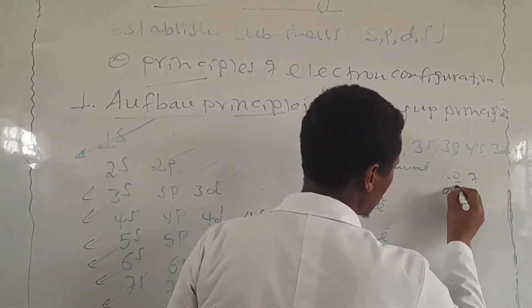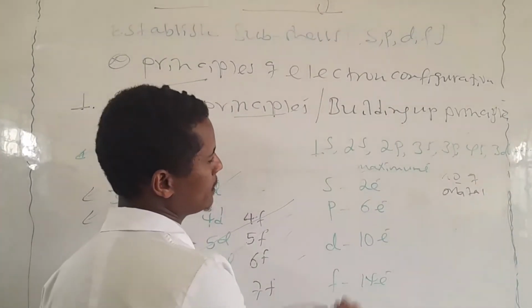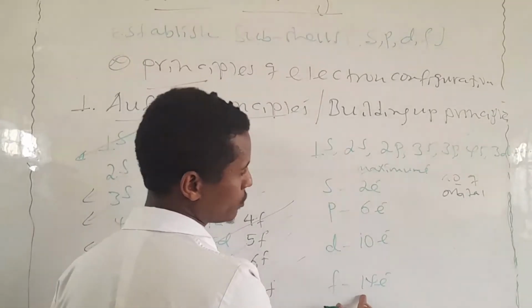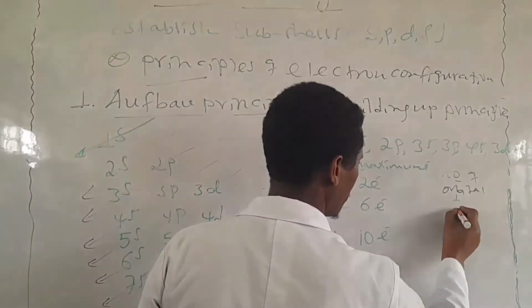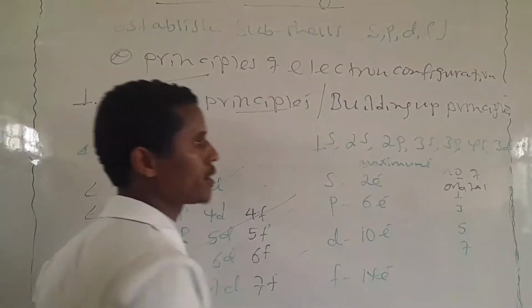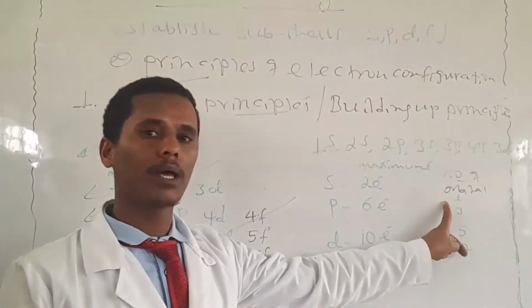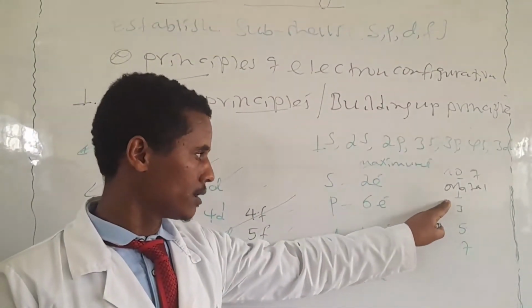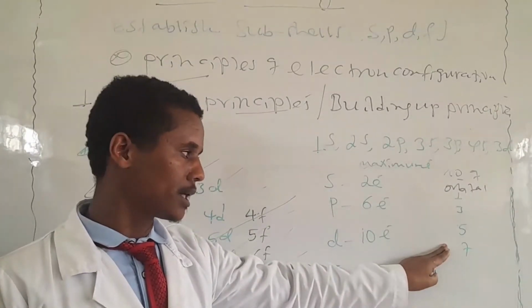The number of orbitals is obtained by dividing the maximum electrons by 2: s has 1 orbital, p 3 orbitals, d 5 orbitals, then f 7 orbitals. An orbital is the region where the probability of finding an electron is maximum.